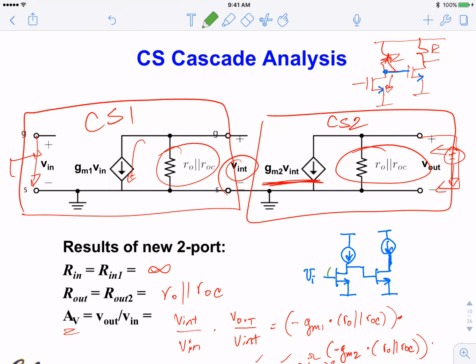There's a Miller capacitance from input to output, and this has a high, inverting gain, so there is a Miller effect. The second stage is identical, so it doesn't help, but it doesn't hurt more. It's the same bandwidth, but both stages are low bandwidth. So that's the disadvantage.